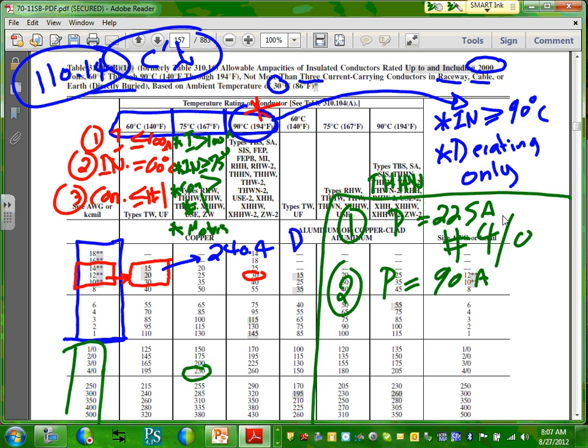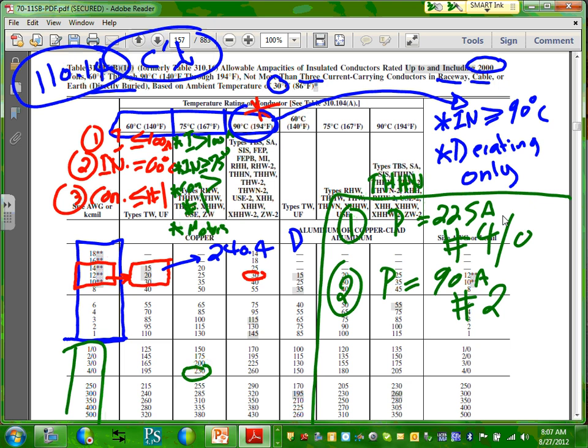Anybody can size. Where should I go and why? I want to go to the 60. Why? Rule number 1, 100 amps or less, right? So what's for 90? Number 2, thank you. That will give me number 2. Are you guys following? Everybody's okay with that? Does that make sense? Number 2.